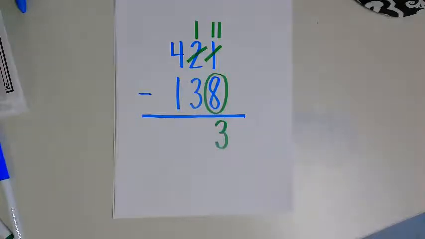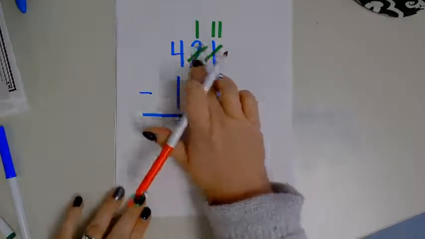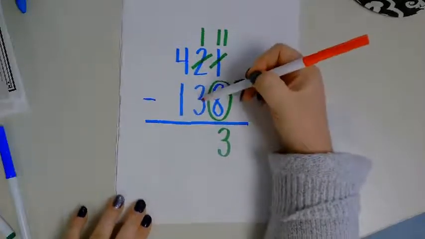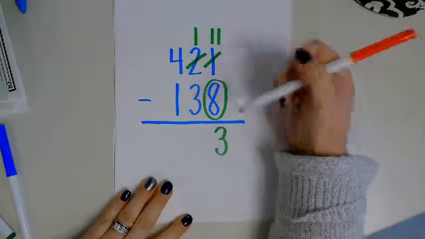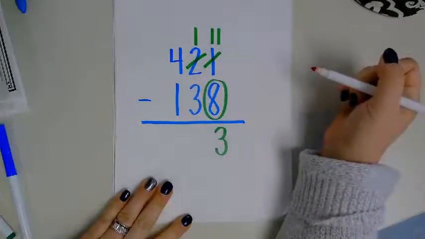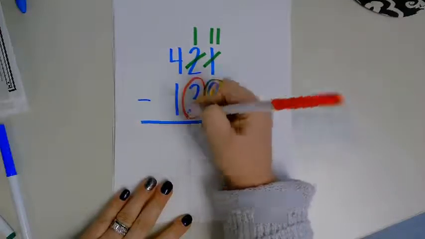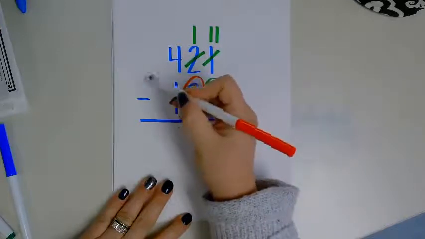Now we move to the tens place. I no longer have 2. I now have 1 minus 3. Circle the bigger number, 1 or 3. Good. Hopefully you circled 3. And if there's more on the floor, we go next door and bring over 10 more.